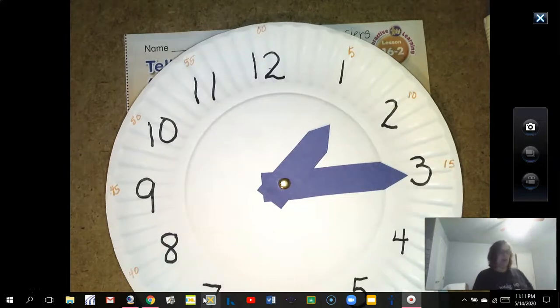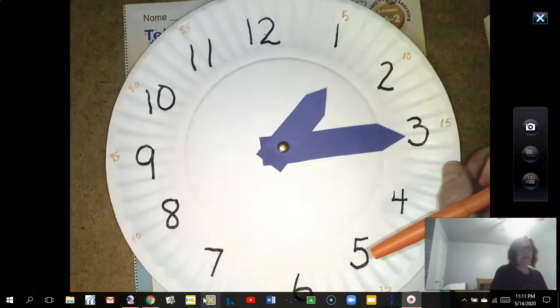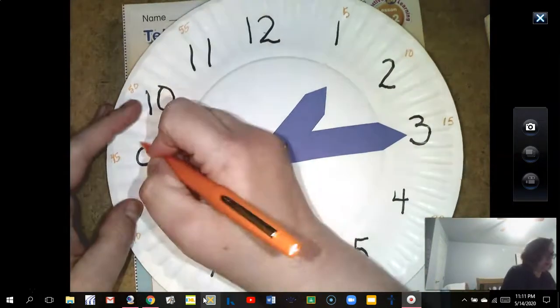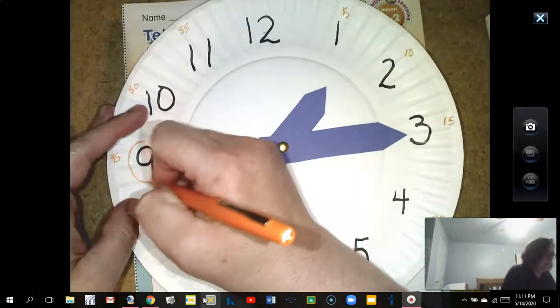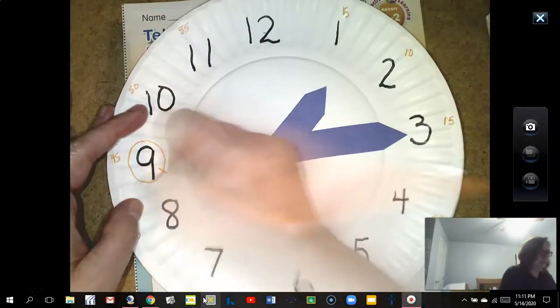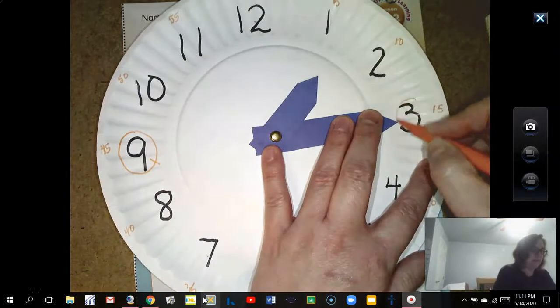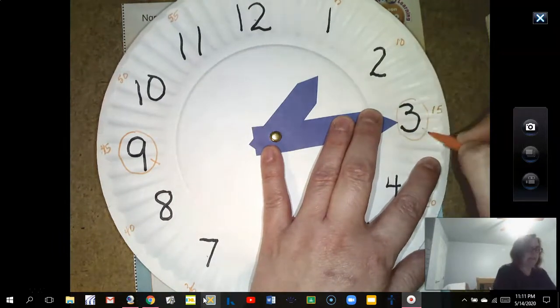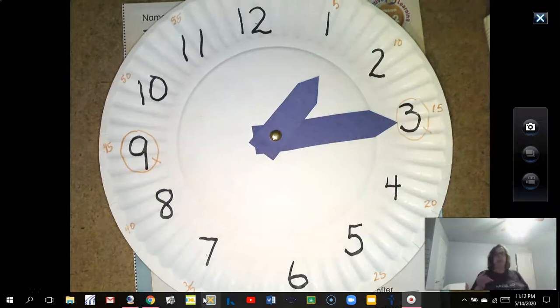You could also, over here, you could also make this, circle it, and just put a Q for 1/4.